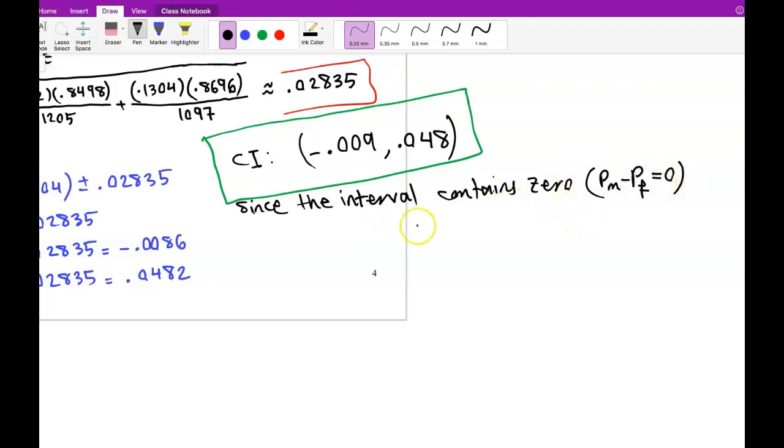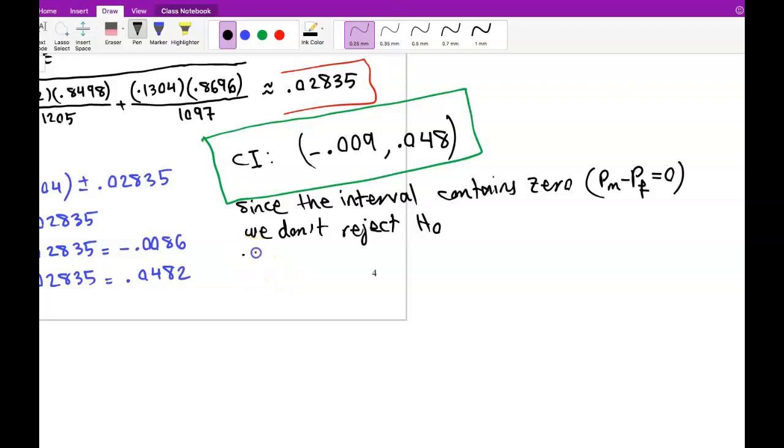Since we have that 0 in this interval, we don't reject the null.